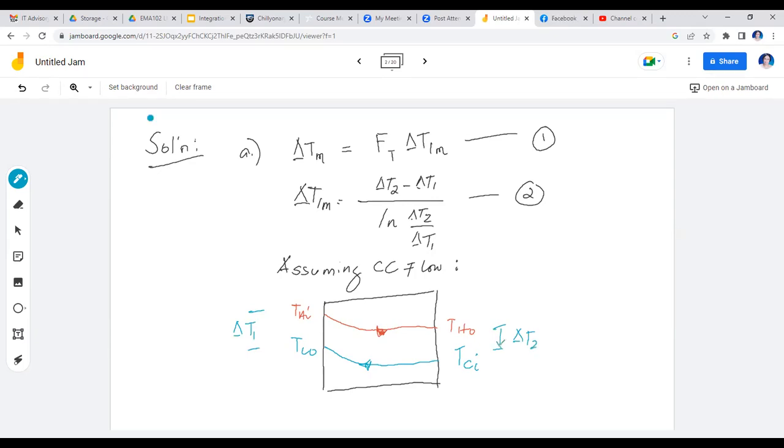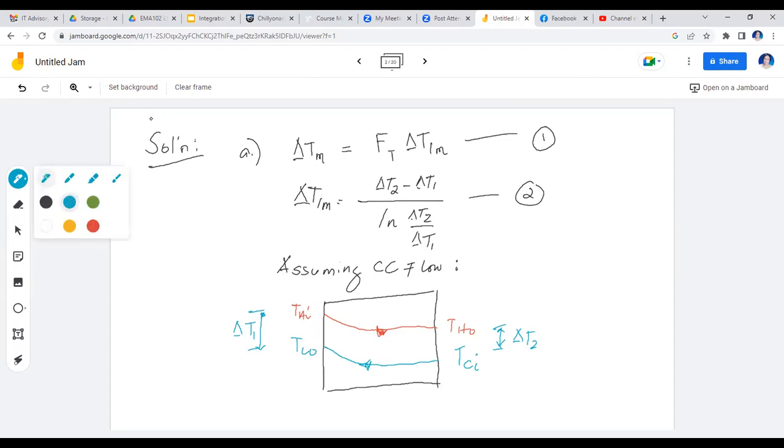It's okay if you have memorized the formula for delta T1 and delta T2 for counter current flow, but it helps that you draw this one. There's no need to memorize if you have drawn this. So this is your counter current flow scheme, and if you have drawn it like this, then it's easy to determine delta T1 and delta T2.